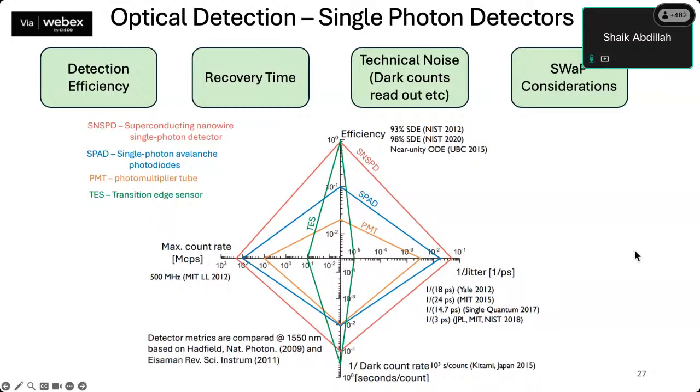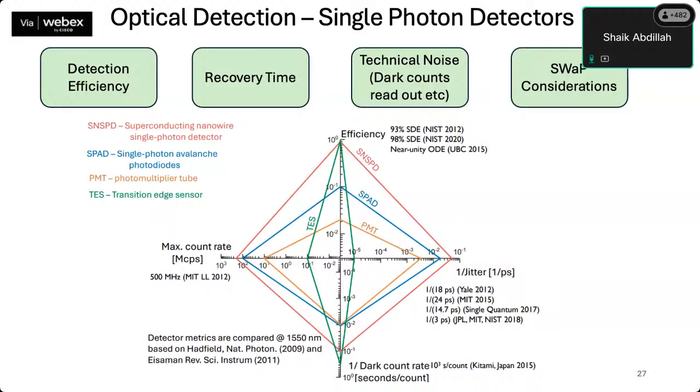So over here, I have a high-level overview of some of the detectors that are commonly used in the telecom wavelength. And we have four major ones: SNSPDs, so superconducting nanowire single photon detectors, SPADs, so single photon avalanche photodiodes, PMTs, and TES, so photomultiplier tubes and transition edge sensors.